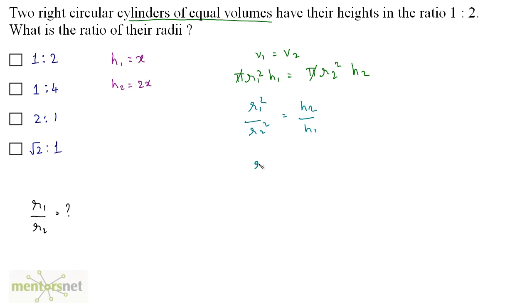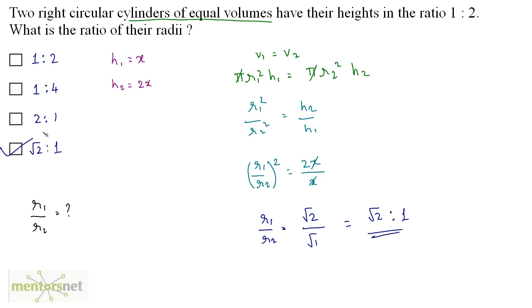Okay, so we have R1 by R2 whole square is equal to h2 by h1. h2 is 2x and h1 is 1x. This x and x go out. Taking under root on both the sides, we have r1 by r2 is equal to root 2 by root 1, and that's root 2 is to 1. So option D is the correct answer, the ratio of the radii.